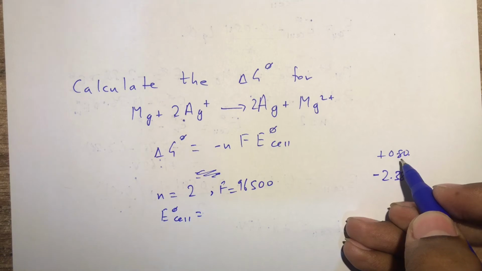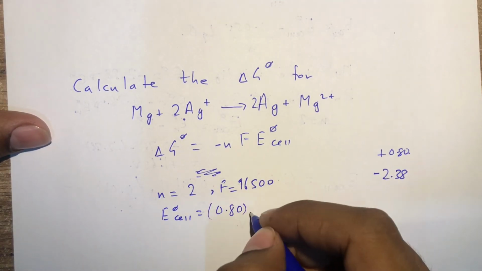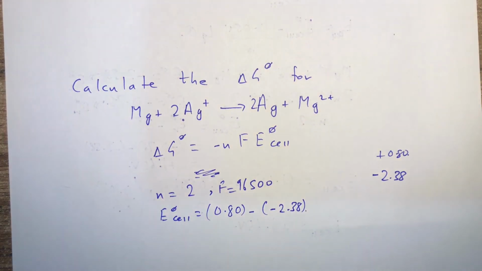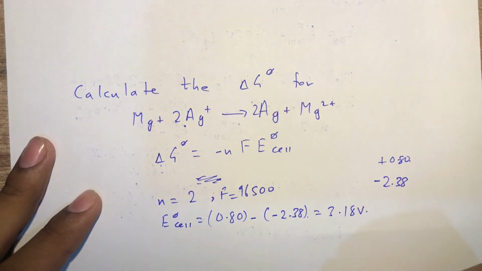So this will be E naught right, this will be E naught left. So it's 0.80 minus 2.38. So 0.8 plus 2.38, that is 3.18 volts.